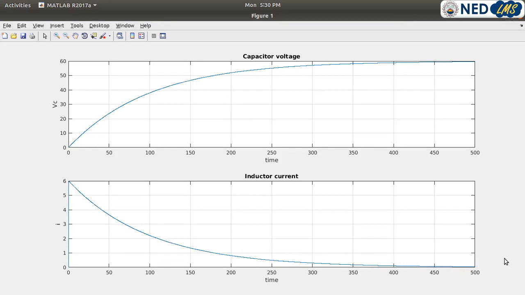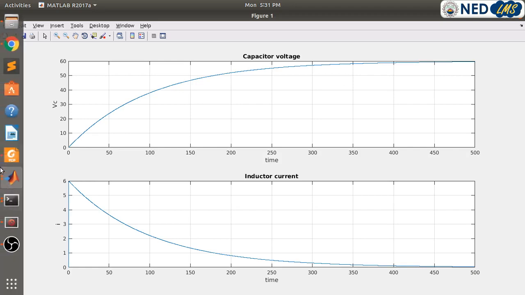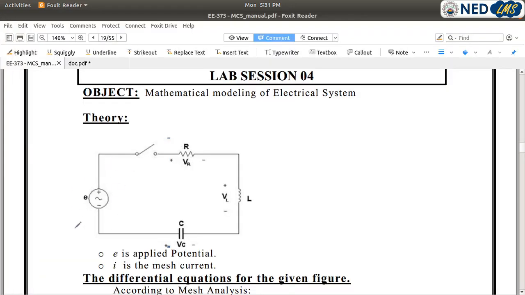This behavior of the network can be predicted physically, as initially the charge on the capacitor is 0, which gives us 0 volts at the terminal of the capacitor. The charge in the capacitor starts to increase with time, as evident from the figure. And at 60 volts, the capacitor cannot charge more, as we have applied 60 volts to the network here.